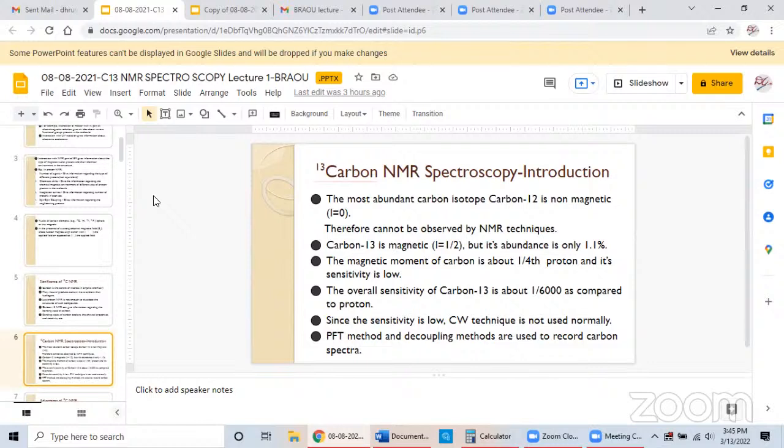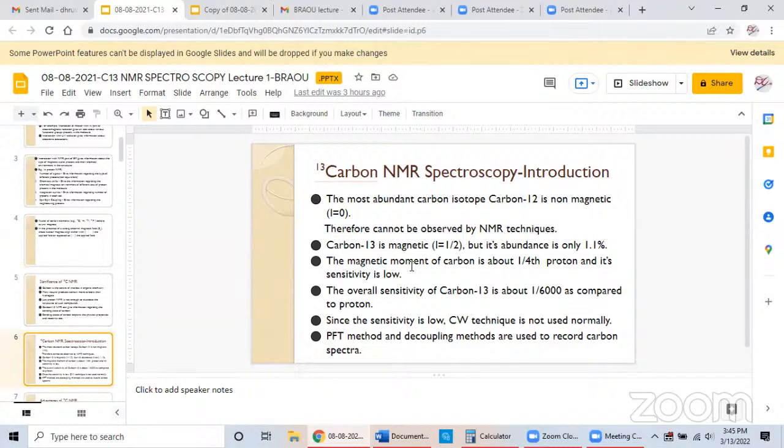That means two nuclear energy levels are formed, so there will be a difference in energy states. From the lower energy and upper energy states, they can interact with EMR and get excited. This is the same as proton NMR, and the principle we will discuss.